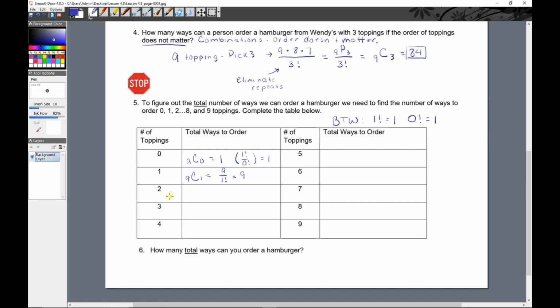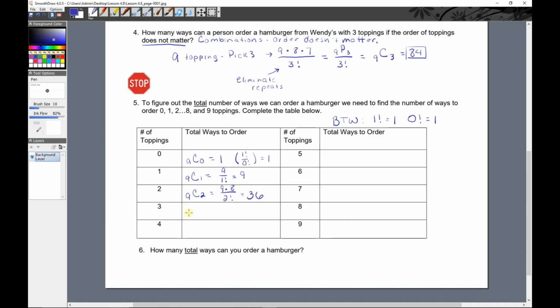And then if we want 2 toppings, that'll be 9 choices taken 2 at a time in combinations. So that'll be 9 times 8, that's the permutation, divided by the k value as a factorial. So that's 72 divided by 2 times 1. 72 divided by 2 is 36.